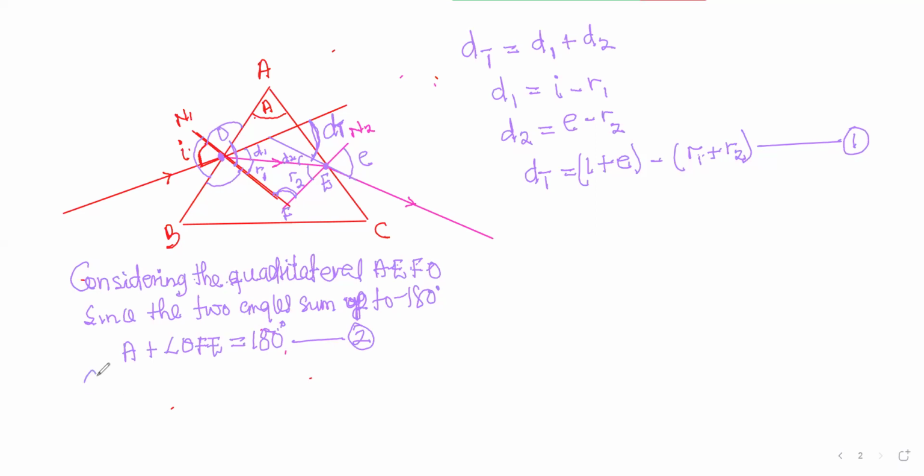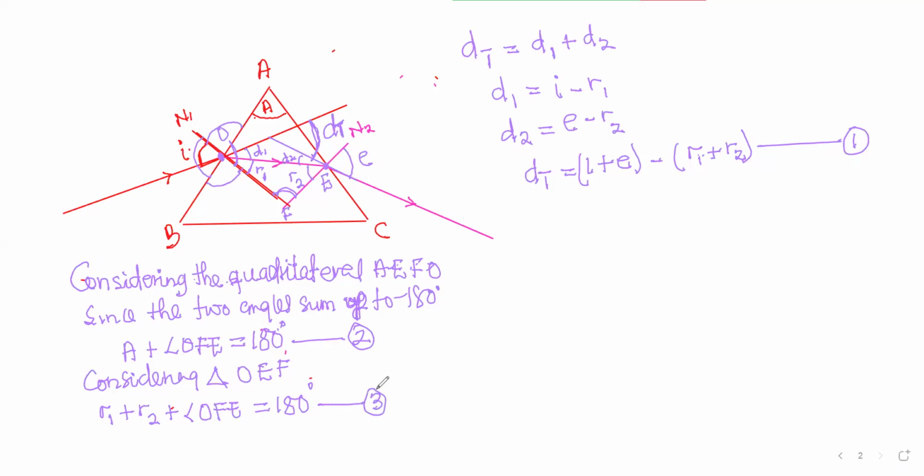When we consider triangle OEF, because the sum of angles in a triangle is equal to 180, it means R1 plus R2 plus the angle OFE must also give us 180 degrees.